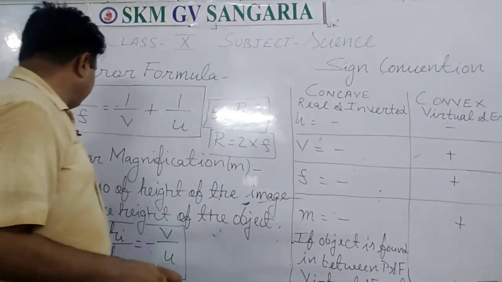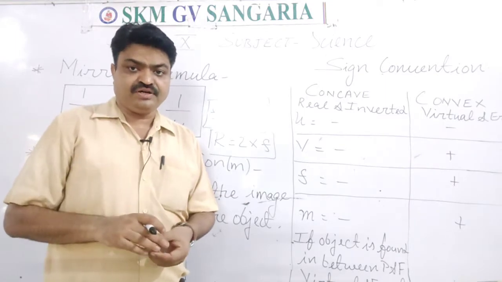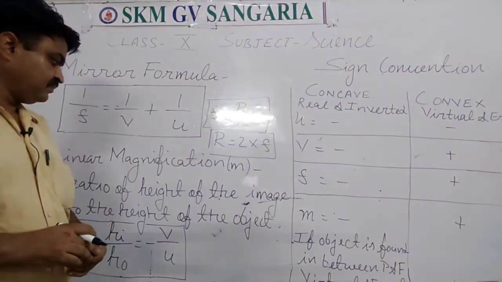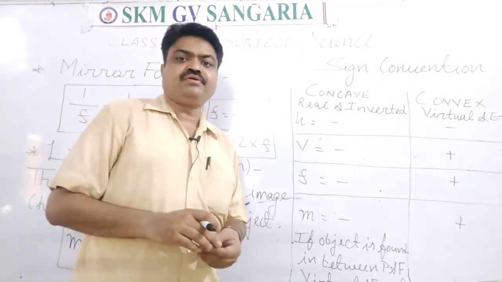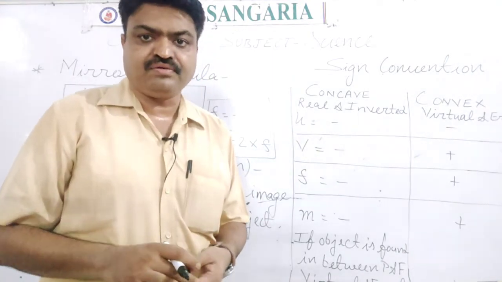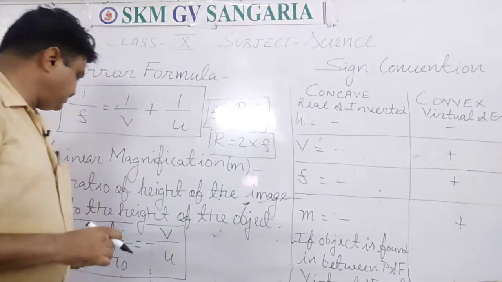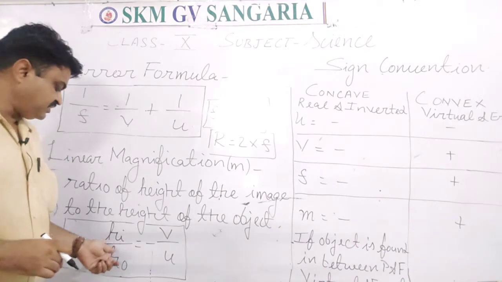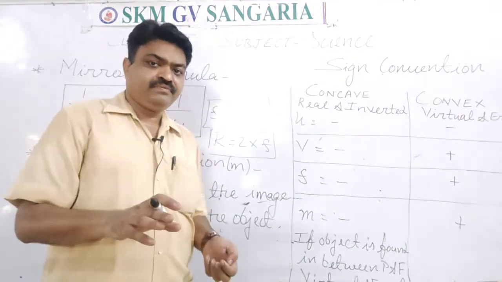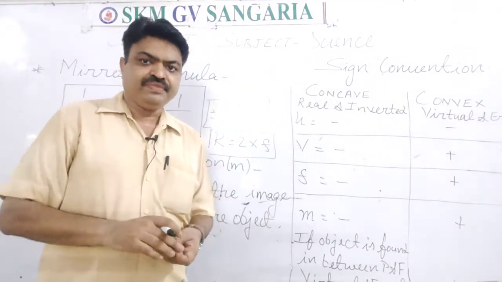It is the ratio of the height of the image to the height of the object. Magnification is always equal to hi upon ho.